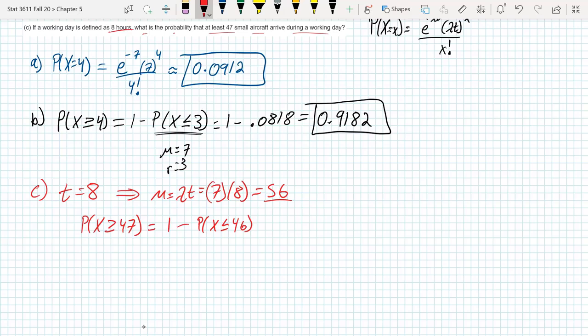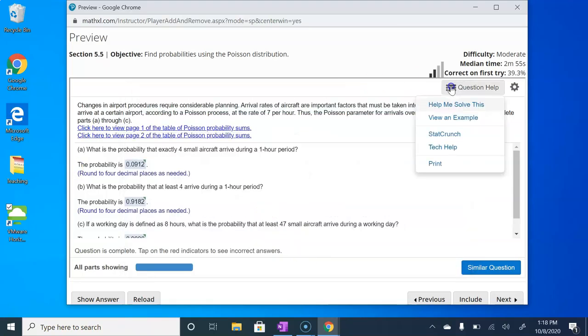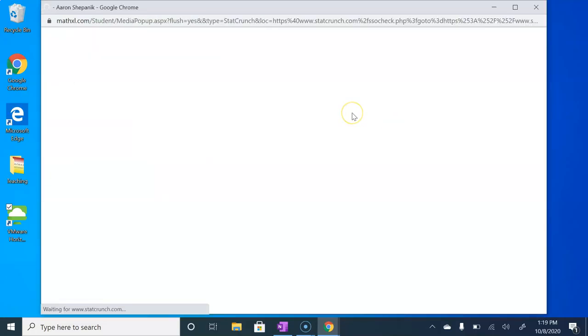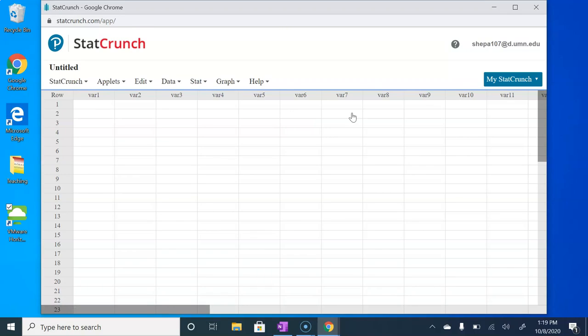If we come across something like this that's not in the table, what we can do if we're working online is open up the StatCrunch button, which we probably have not used yet. StatCrunch is loading. Cool.